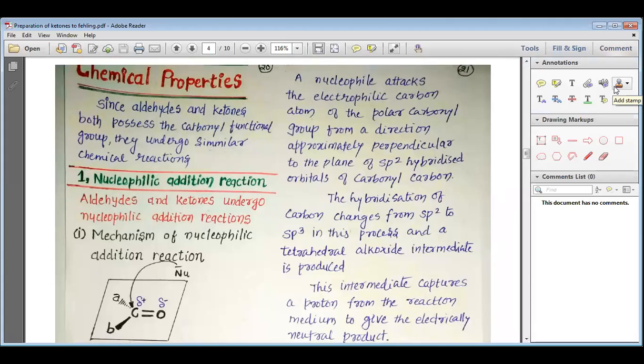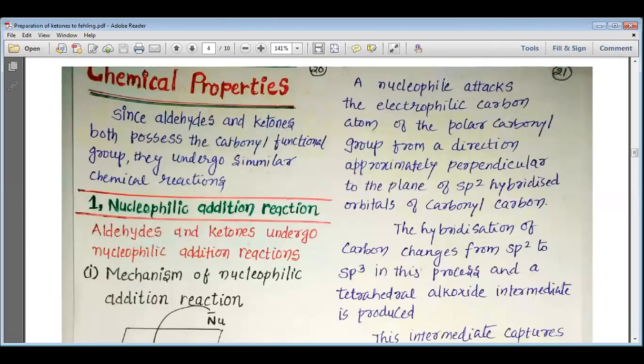So far we know that these aldehydes and ketones, having the carbonyl group, mostly show the nucleophilic addition reaction. Since aldehydes and ketones both possess the carbonyl functional group, they undergo similar chemical reactions.